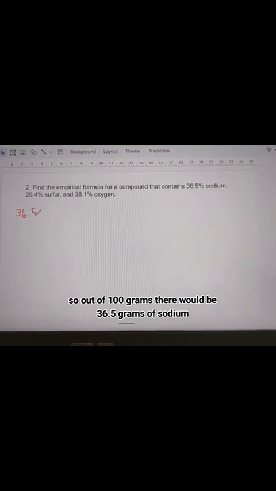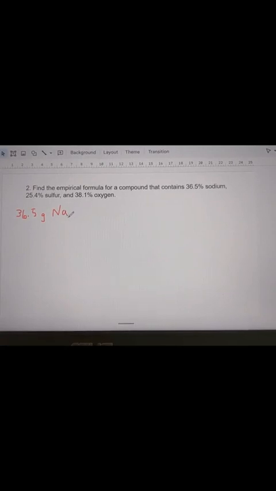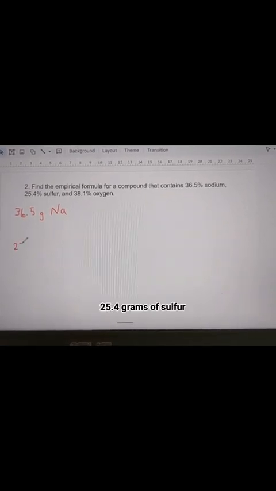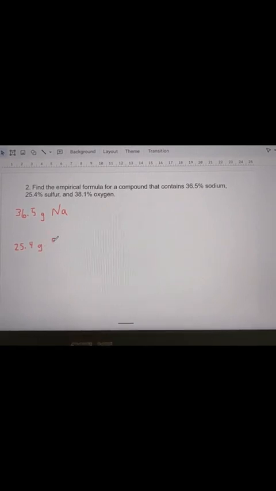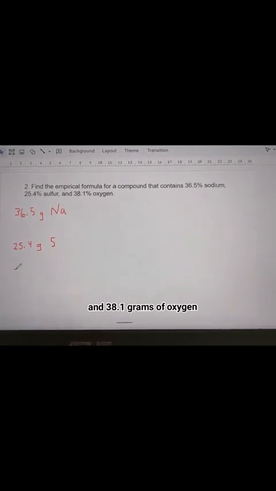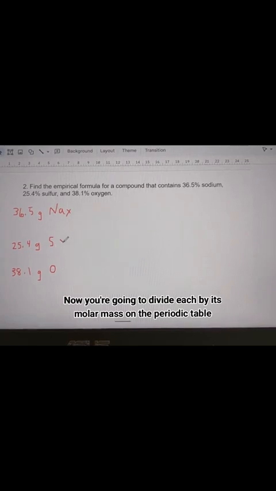So out of 100 grams, there would be 36.5 grams of sodium, 25.4 grams of sulfur, and 38.1 grams of oxygen. Now you're going to divide each by its molar mass on the periodic table.